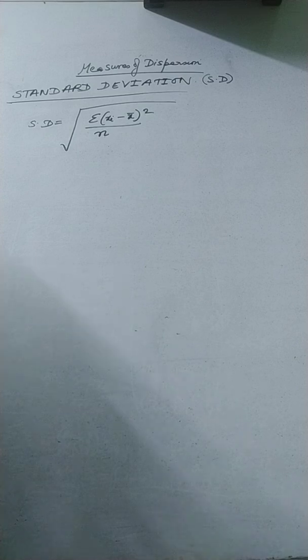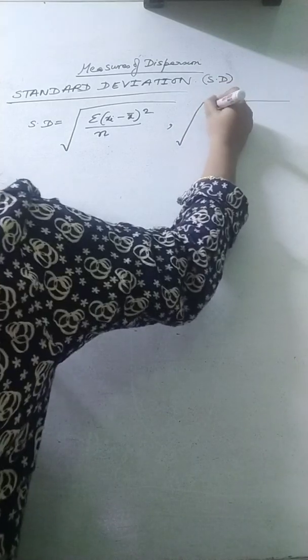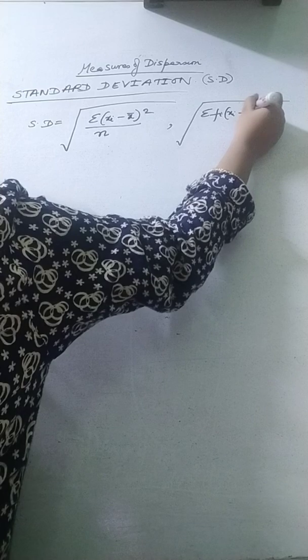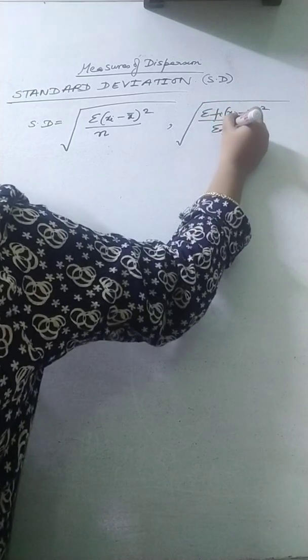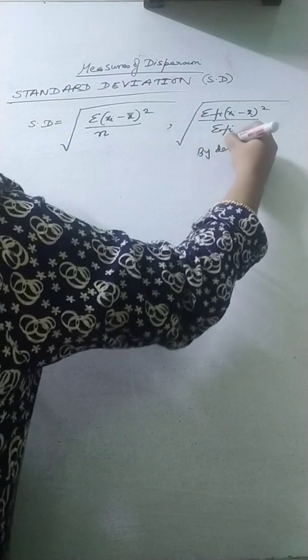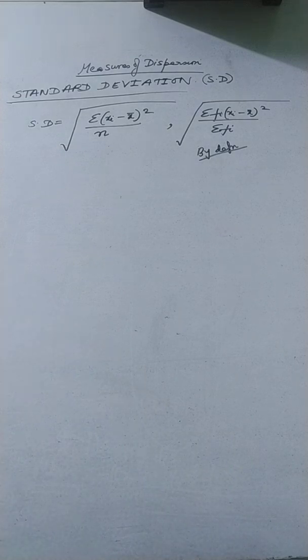I'm not writing i ranging from 1 to n, it's understood, if frequencies are not there. And if frequencies are there, it is summation fi xi minus x bar whole square by summation fi. This is coming from the definition of standard deviation as the square root of the mean of squares of deviations.